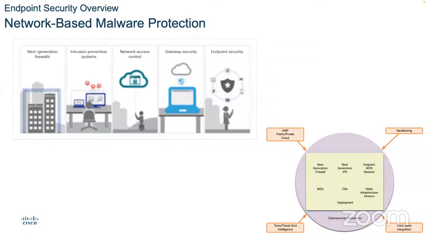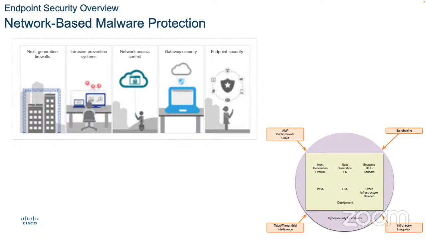Now, there are things like advanced malware protection that listen in on the network on end devices, and when something's acting funny, they react. There are email security appliances that do more than just check content for spam. Web security appliances look at the traffic coming in and out of our web servers. And network admission control.